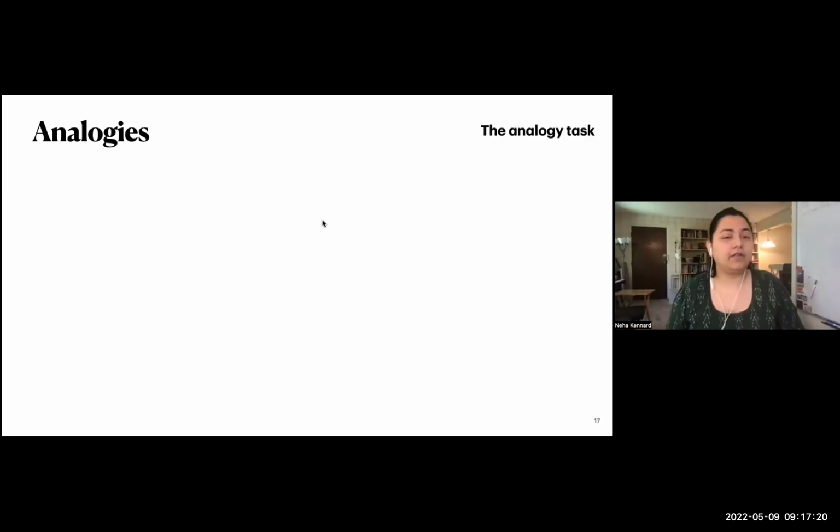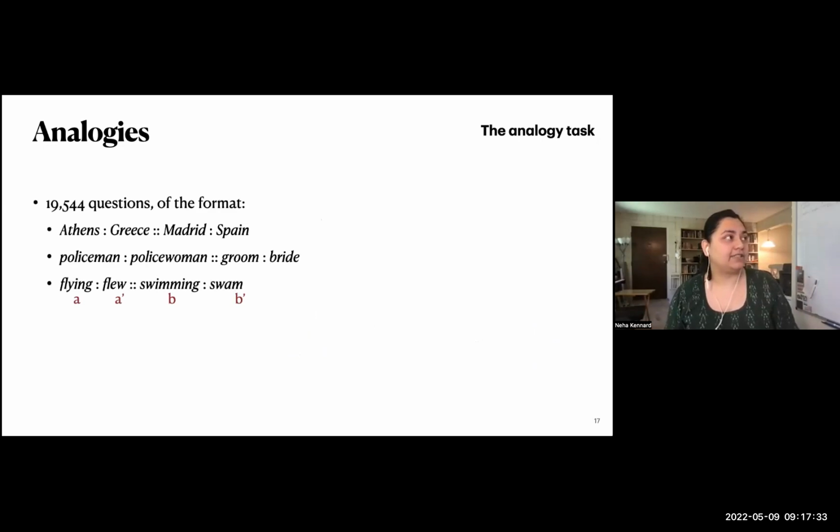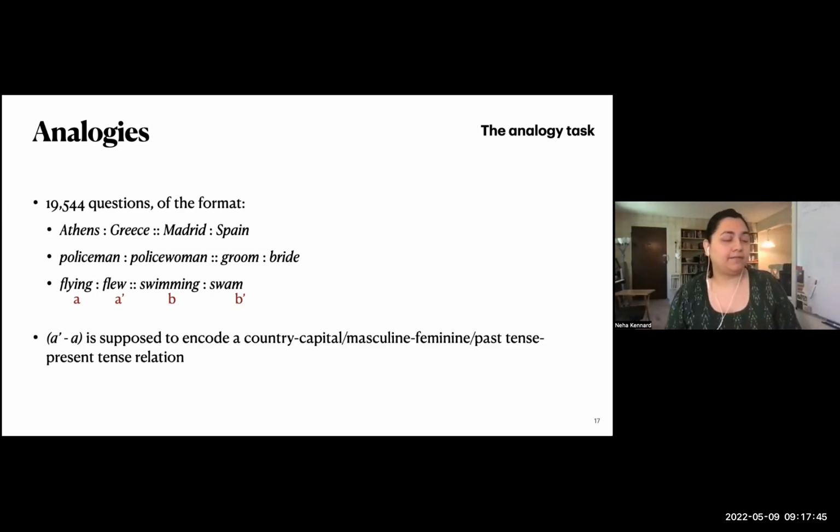Great. So the analogy task was actually used to demonstrate that analogies worked back in 2013. Sorry about these random letters. There were about 19,000 questions with this format. So city, country, or masculine, feminine, or present tense, past tense. And the idea was that you could take a, sorry, I realize I'm looking at the wrong slides.